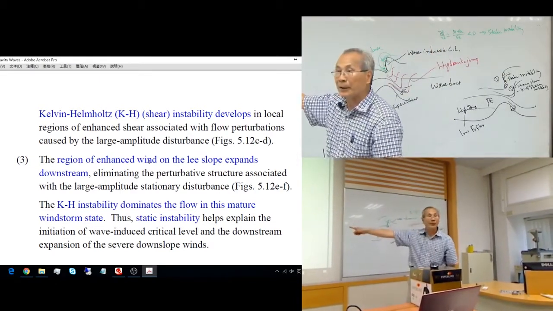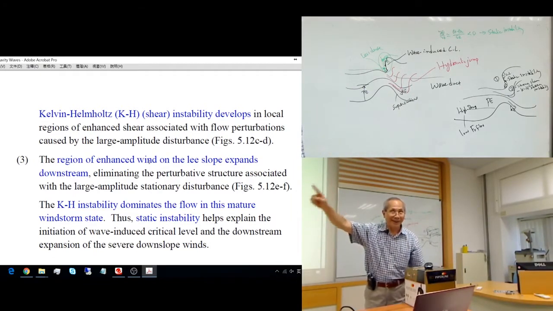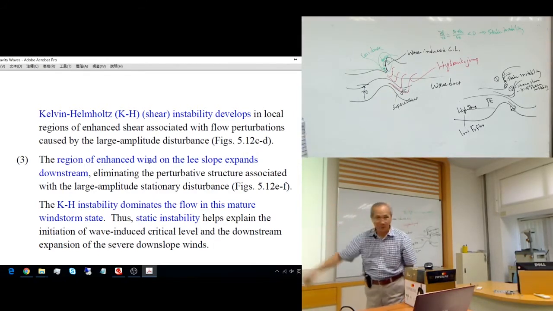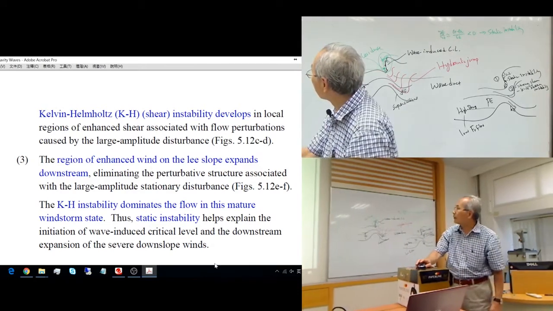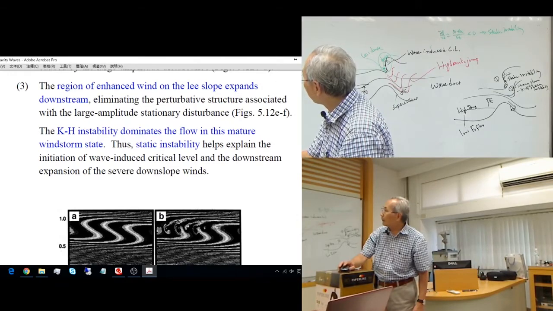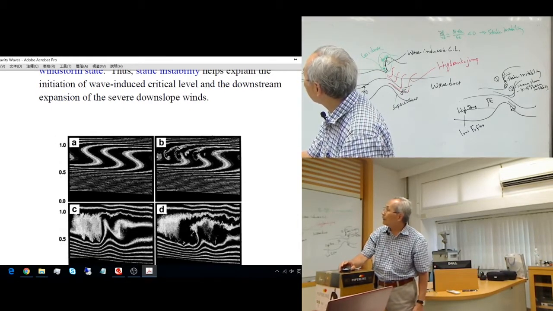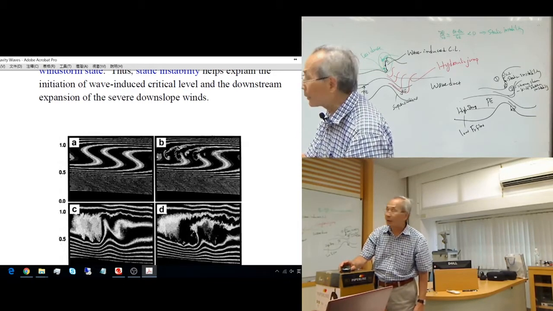They don't say it because they are the group against the group promoting or supporting the hydraulic jump. That's actually a hydraulic jump. You can see it from the picture. See here, you've got wave overturning. Beautiful theory. See here, the critical level, a wave-induced critical level.